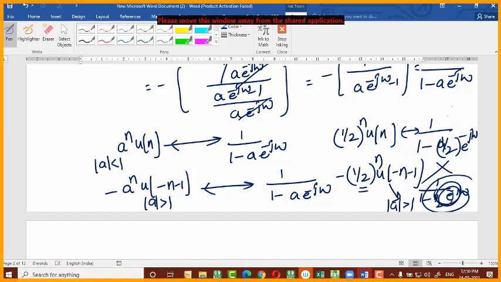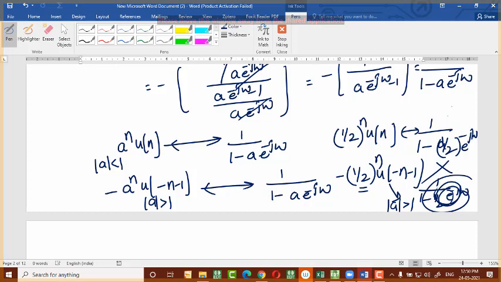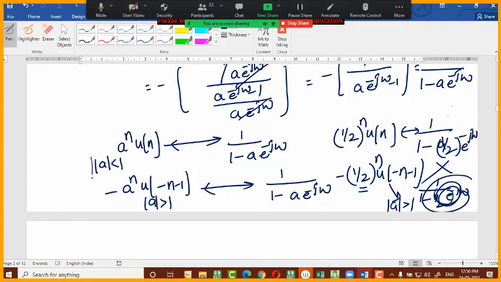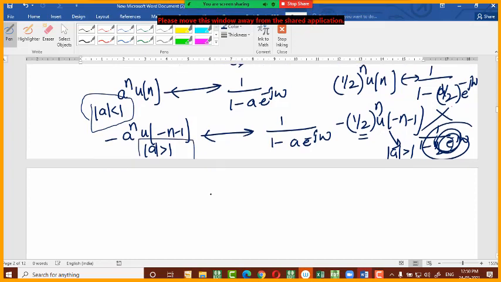Then in the second one a should be greater than 1 only. So at the same time a cannot be less than 1 and greater than 1. In order to use the first one a should be less than 1, and in order to use the second one a should be greater than 1. So at the same time it is not possible to have two values, that's why these two answers are different. Mathematically they are looking alike, but those are different. So don't forget to write these particular conditions also. These conditions are important.